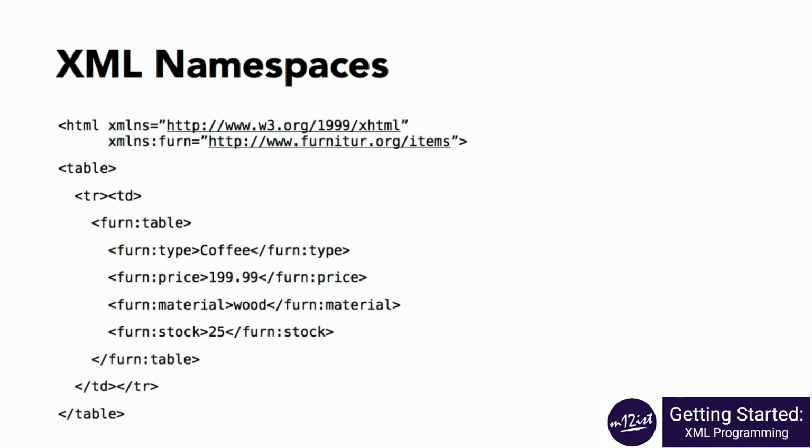So now when the browser comes across a tag that has the fern prefix in front of it, it's going to say, okay, well, I don't know what this is, but it's a well-formed tag and it's embedded in my content, and I'll parse it, but I'm not going to try to interpret it or figure out what to do with it. XML namespaces are used so that you can combine data from separate sources without having to worry about tag name collisions.